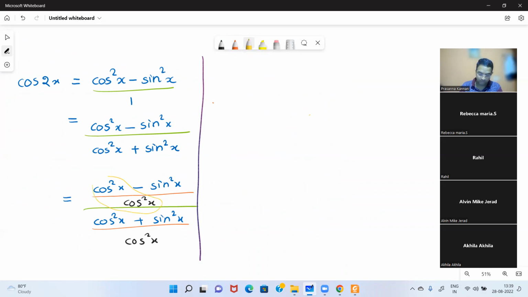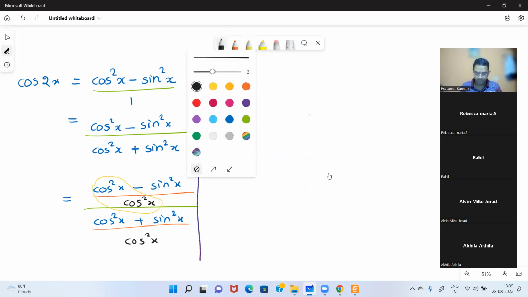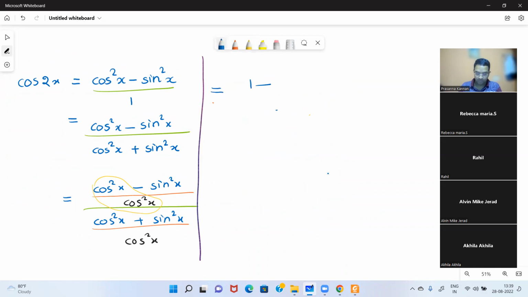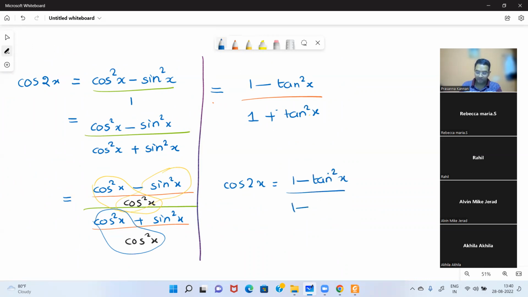Cos square x by cos square x is 1, minus sin square x by cos square x is tan square x. So it's 1 minus tan square x, the whole thing divided by 1 plus tan square x. Therefore, the final formula for cos 2x is 1 minus tan square x by 1 plus tan square x. Is it clear?